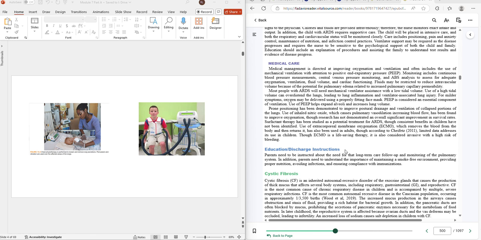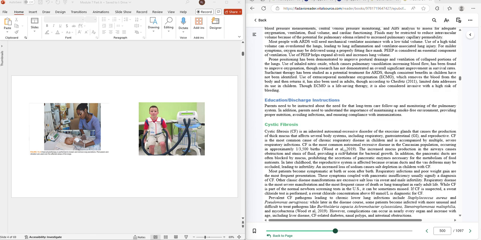Cystic fibrosis is mentioned next. And this is on page 500. So it's inherited autosomal recessive disorder, and it deals with the exocrine glands. It affects the respiratory, GI, and reproductive system. It's a chronic respiratory disease. It affects 1 in 3,500 births, usually Caucasian population, almost always.